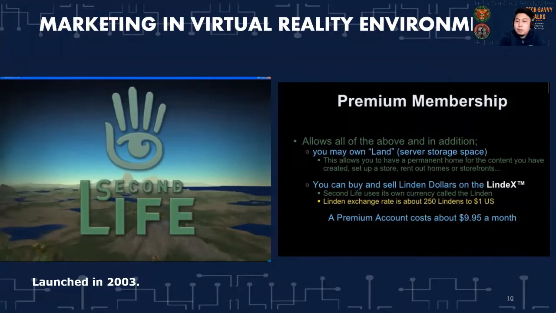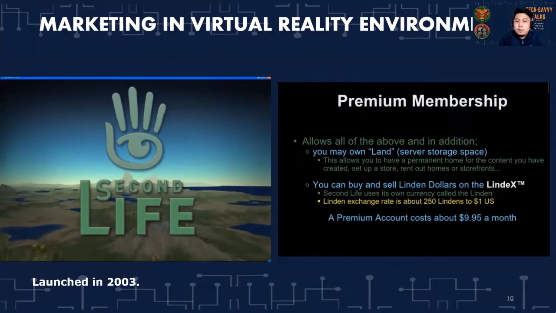So magkakaroon ka ng permanent home dun sa Second Life na map. Then content hub created, set up a store, rent out homes or storefronts. So yung content, ikaw mismo magki-create and then you can buy and sell using yung kanilang Linden dollars.